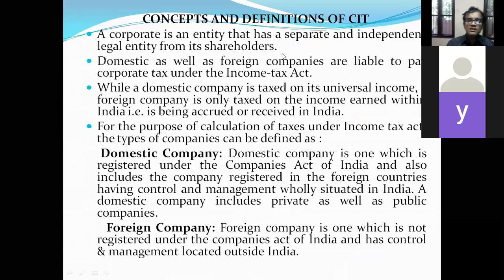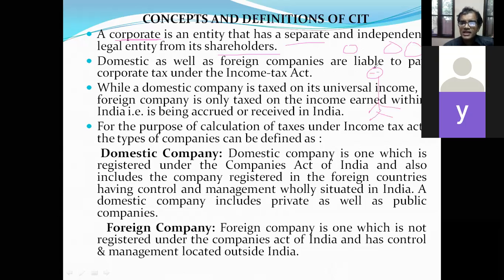Coming to various concepts and definitions of corporate income tax. So basically, fundamentally speaking, corporate is nothing but a company. So unlike a sole trading organization, in sole trading organization, the owner and the manager and director, everything will be all in one, or a single person will take care of the proceedings.